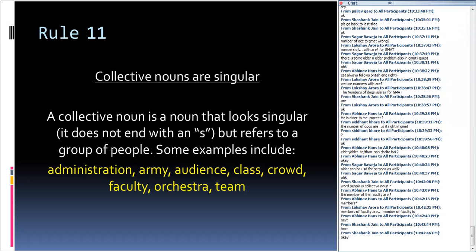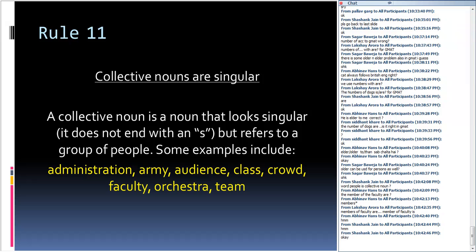Okay, now please, one very important piece of information I would like to give you. Even though 99% of the time collective nouns are singular, please remember that nowadays there are many instances in which collective nouns are being used in a plural sense also. Many people use them in a plural sense.